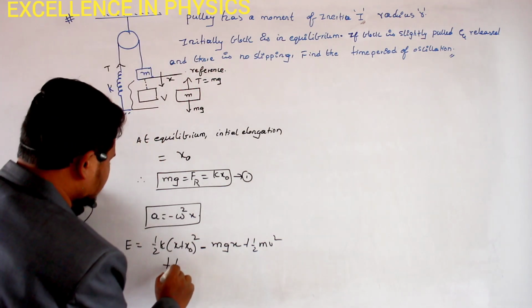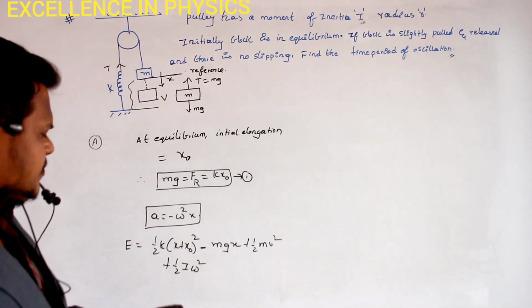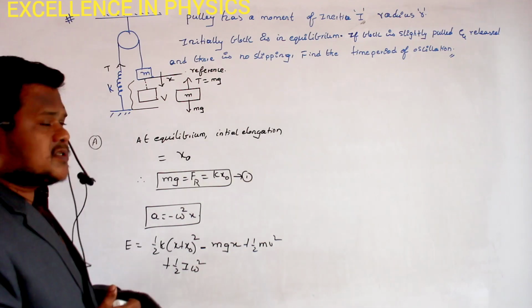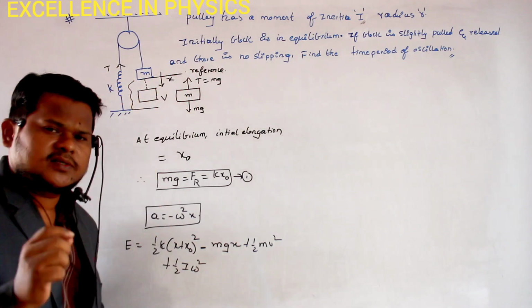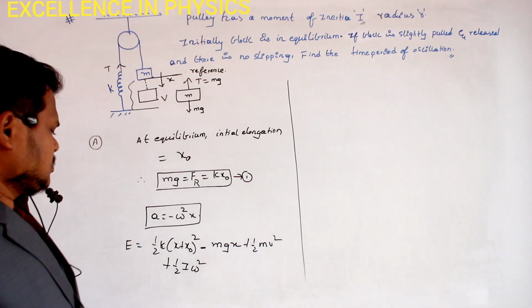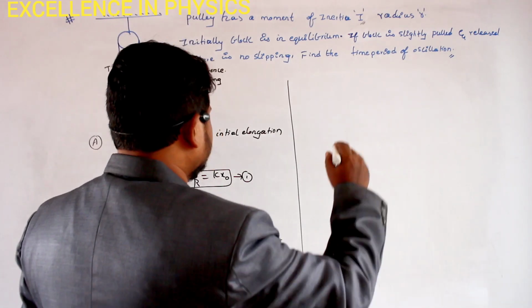We can call it rotational kinetic energy, half I omega square. So this is the total final energy at the position when the mass has covered a distance of x and its velocity is v.